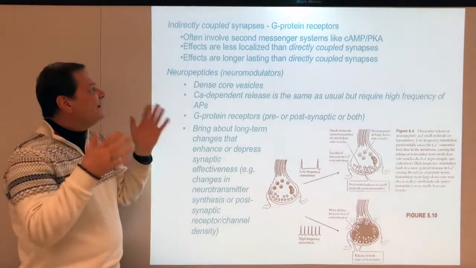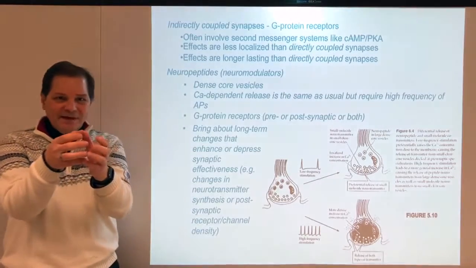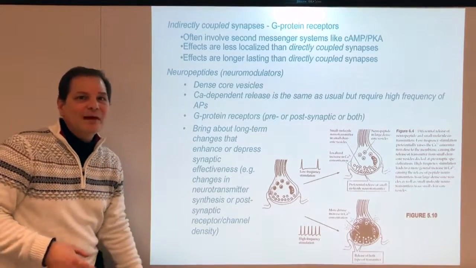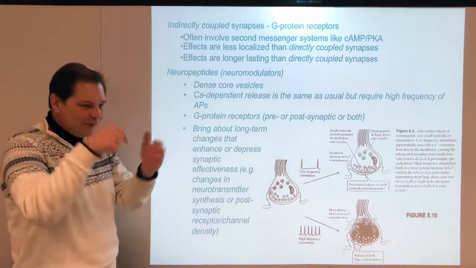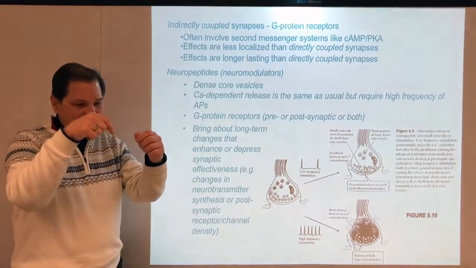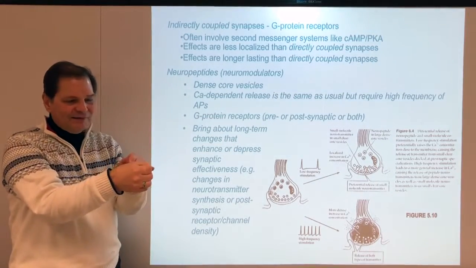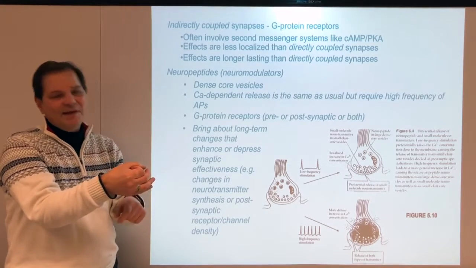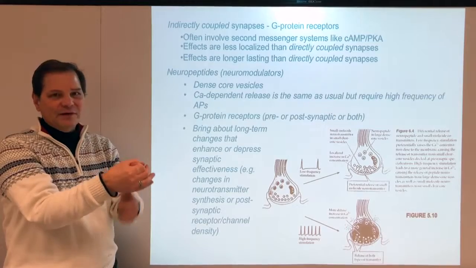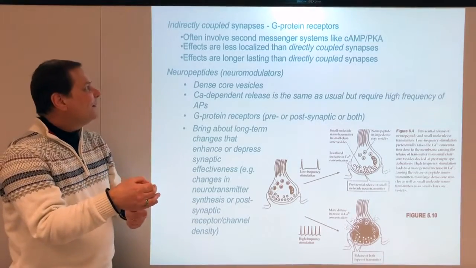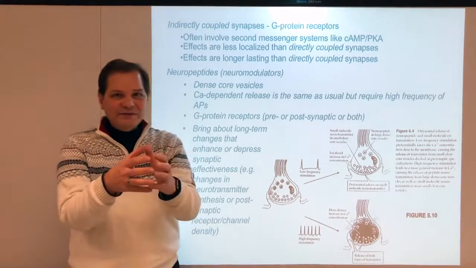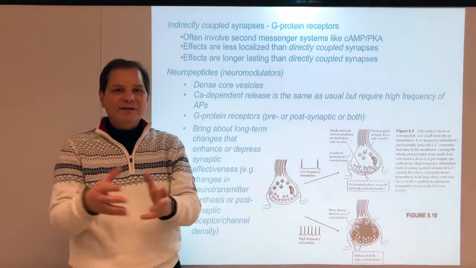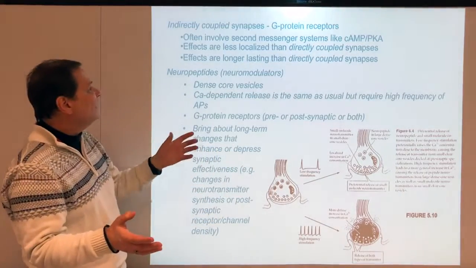So the deal with second messengers is that they diffuse out. If you're talking about a directly coupled synapse, you're talking about a pretty local event. The neurotransmitter binds the channel right there in the synaptic cleft, and your ion flux changes. In this case, because second messengers diffuse, you get a less localized response, okay?